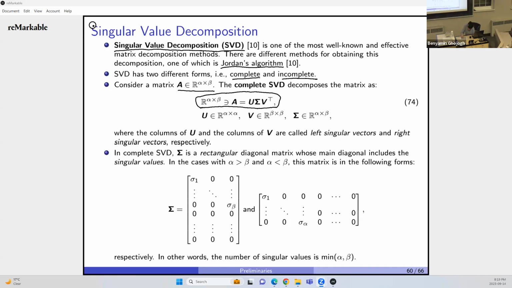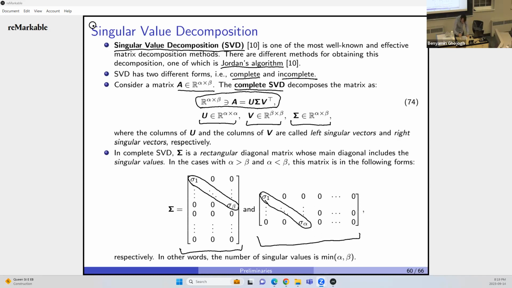When we have complete SVD, U and V are square matrices. U is alpha by alpha, V is beta by beta, then sigma must be alpha by beta, right? Sigma is a diagonal matrix, but a rectangular diagonal matrix here. What do I mean? It's either in this case or this case, depending on whether alpha is greater than beta or not. So this is the diagonal, or this is the diagonal. The other elements are 0, right?